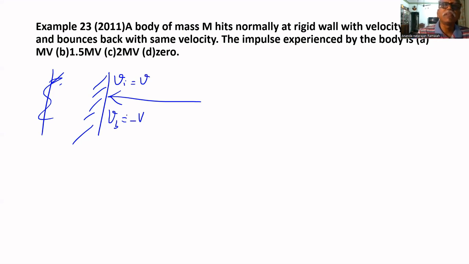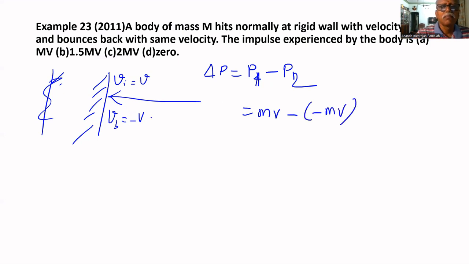The impulse experienced equal to delta P, that is equal to P2 minus P1. Change in momentum, that is equal to mv minus of minus mv, because the velocity after bounce is minus.